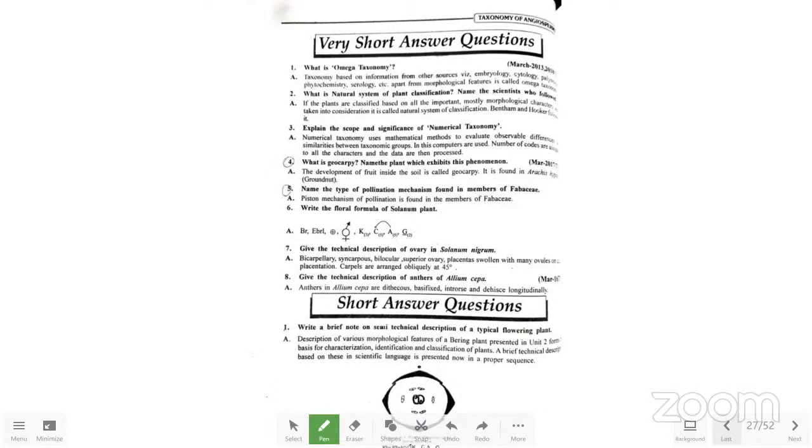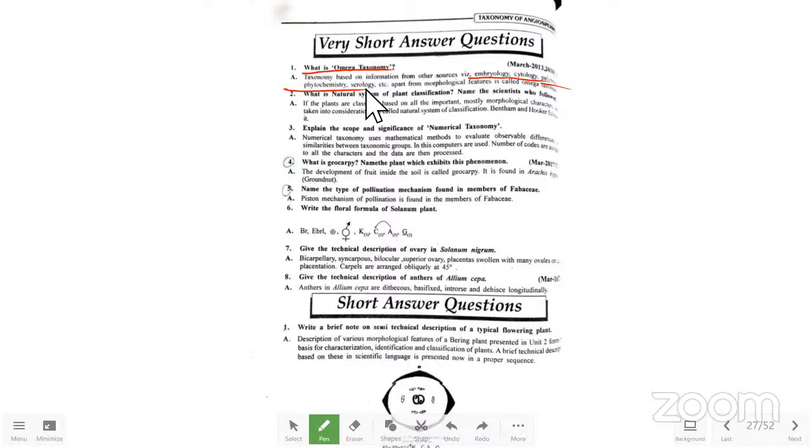The first one is, what is omega taxonomy? Taxonomy means classification of organisms. When the organisms are classified based on their embryology, cytology, palynology, phytochemistry, serology, etc., apart from the morphological characters, it is called omega taxonomy.